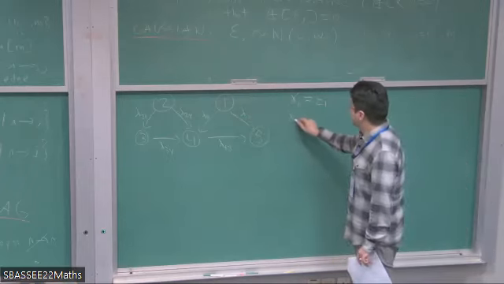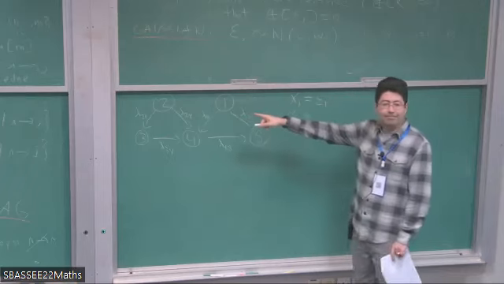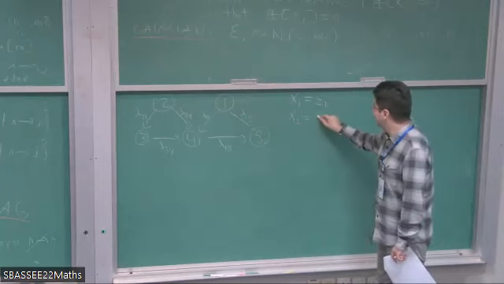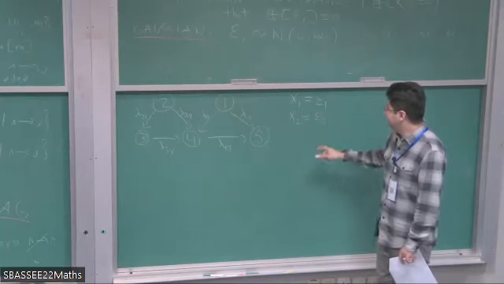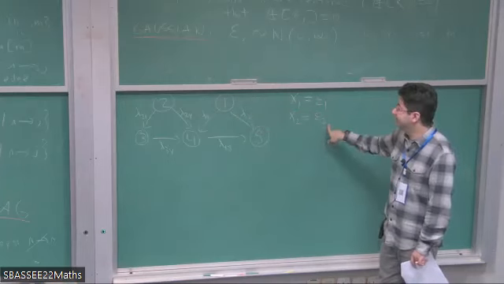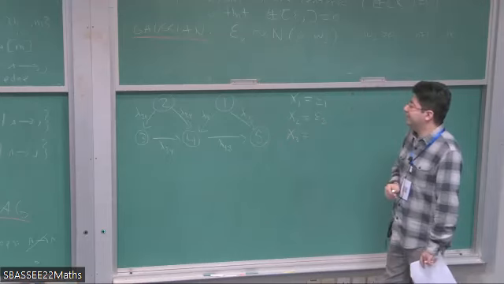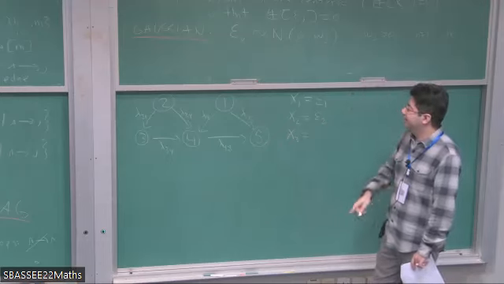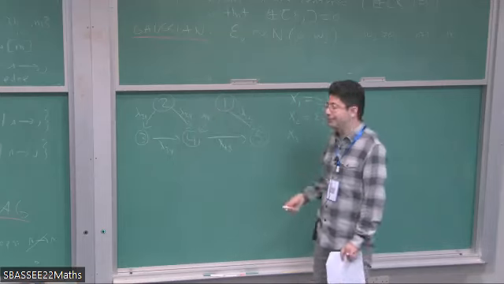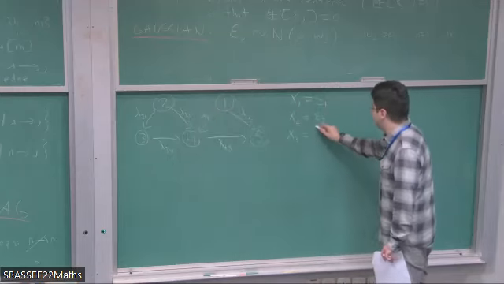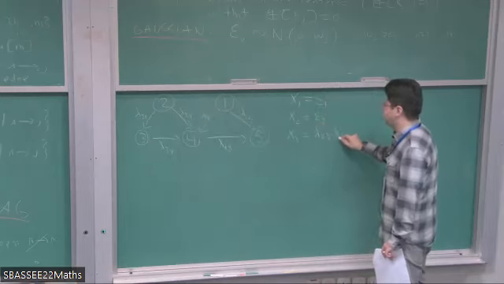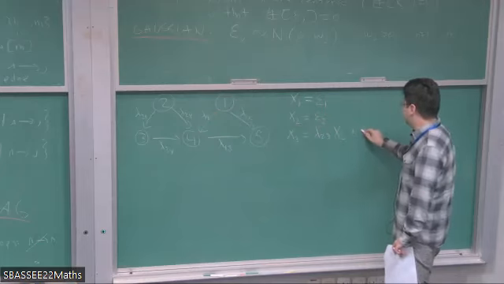Now I go to x2, and it's the same. No parents, and you can see it's a different error. Now x3 actually has a parent, so 2 is the parent of 3. So this is going to be lambda 2,3 x2 plus epsilon 3.